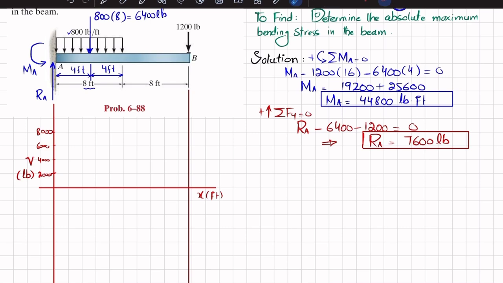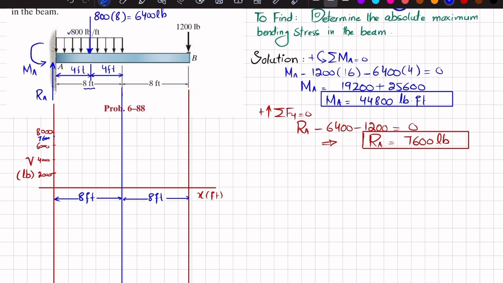Okay, now at point A we have RA, which is equal to 7600. So we will plot 7600. Let 7600 be this point. Now if you take a vertical line from this, this length will be 8 feet, and the other one will also be 8 feet. Clear? Okay.